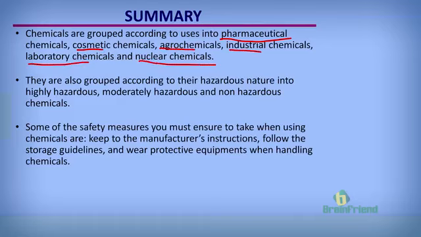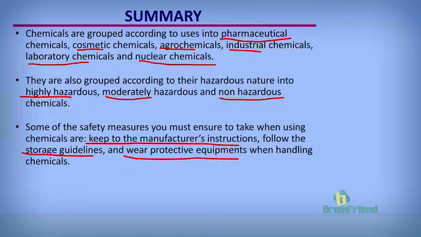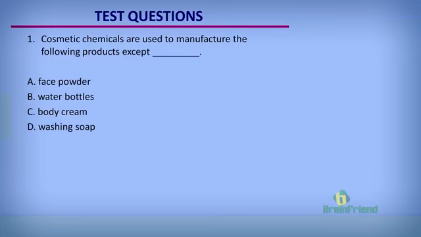They are also grouped according to their hazardous nature into 3 groups. We have highly hazardous chemicals, moderately hazardous chemicals, and non-hazardous chemicals. Some of the safety measures taken when using chemicals are: keep to the manufacturer's instructions, follow the storage guidelines, and wear protective equipment when using chemicals.